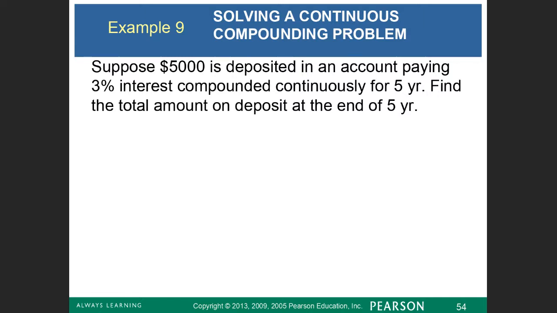Okay, so let's get all the information. Our P here, the initial amount deposited or principal, is 5,000. Our time would be 5 years. And the R is 3%.